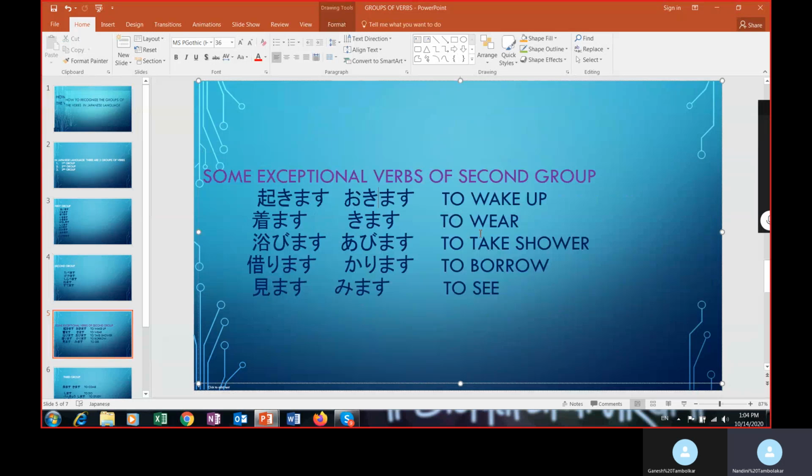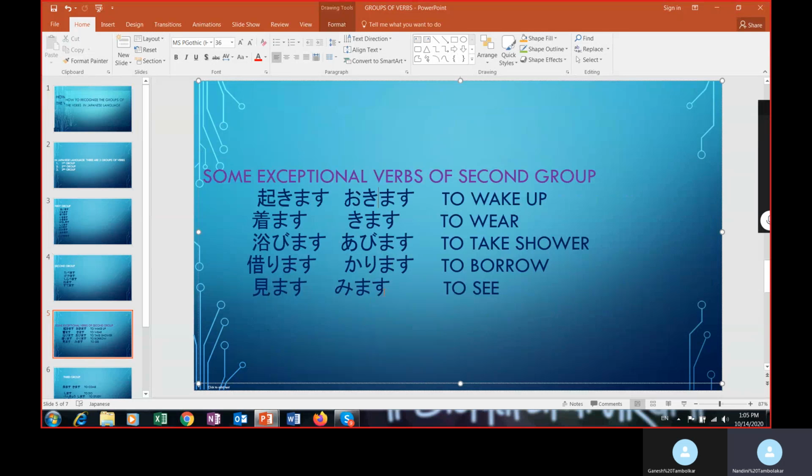Kimas is to wear, ki, kiru. Abimas is to take a shower, shawaa abimas. Kimas, as in kimono kimas. Karimas is to borrow, and mimas is to see. These are some of the exceptional verbs. There are still more, but I have taken these five only.